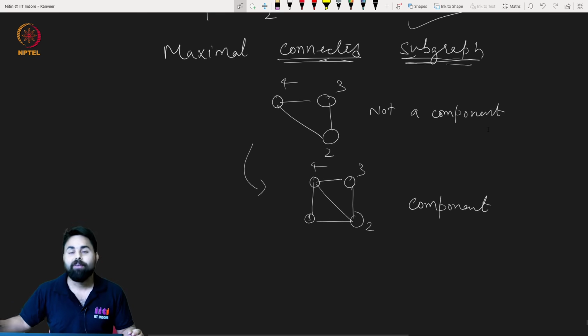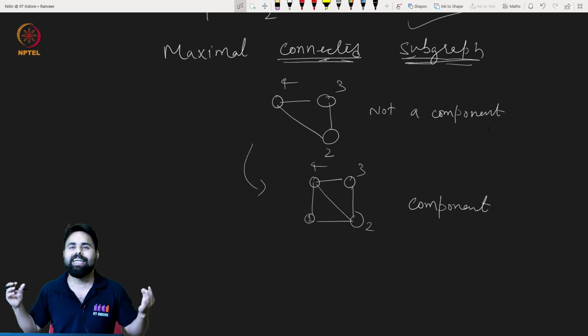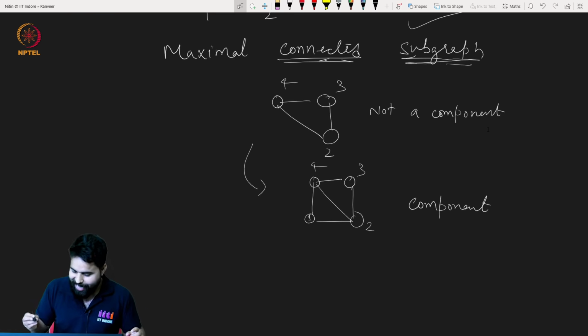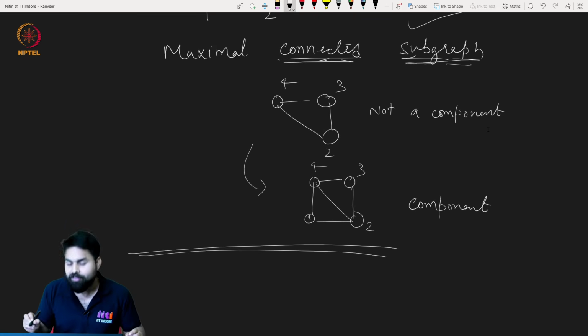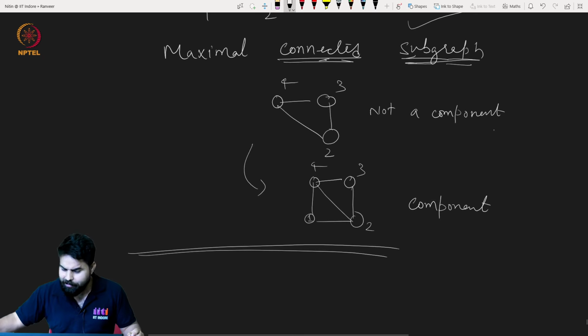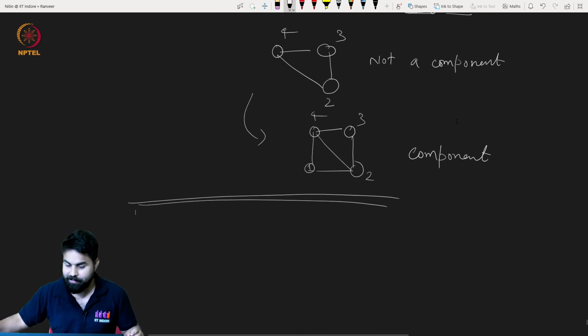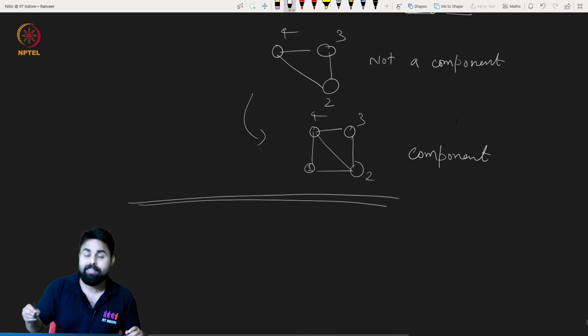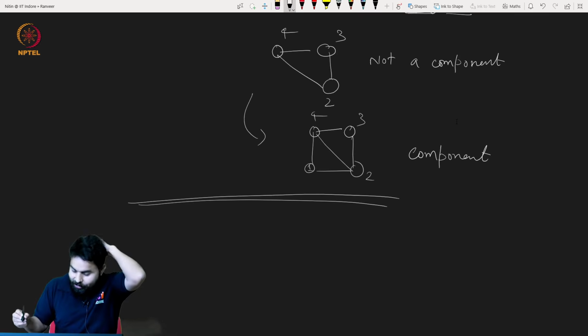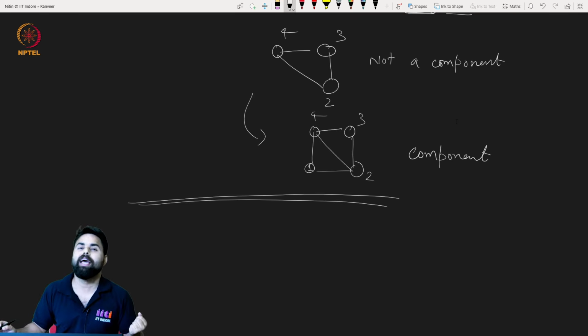Now we will move to a very, very simple looking graph that we call a tree, and I hope everybody has seen a tree. I'm not talking about the tree in our real life, but yes, there is a very much similarity. The tree we will draw, and the trees we see in real life. Okay, so a tree is a graph which does not have a cycle, and it is a connected graph.